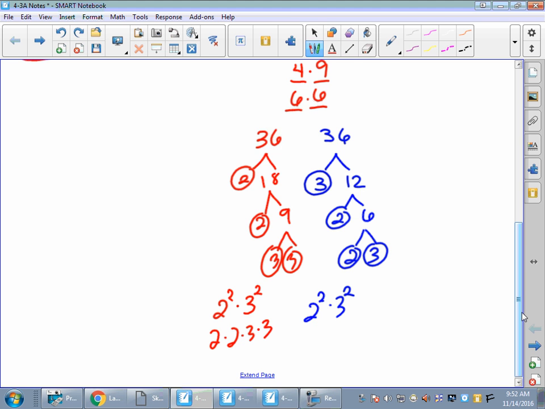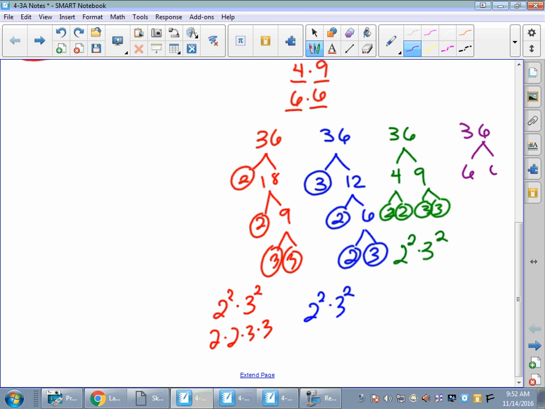Another one that I showed up above was 4 times 9. So I break 4 and 9. 4 can break down into 2 and 2. Those are done. And then 9 can break down into 3 and 3. They're done. They can't factor anymore, and we still get 2 squared times 3 squared. And the last one that I could show is 6 times 6.